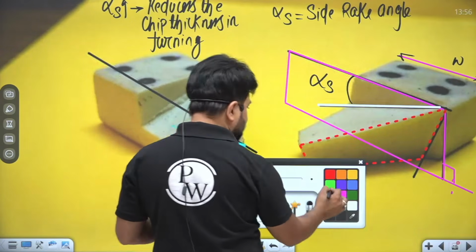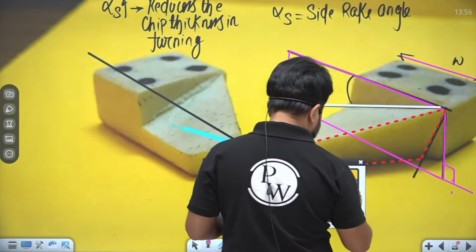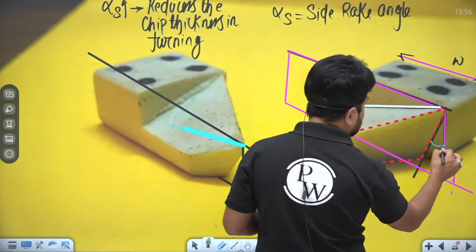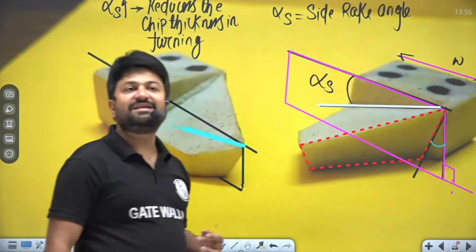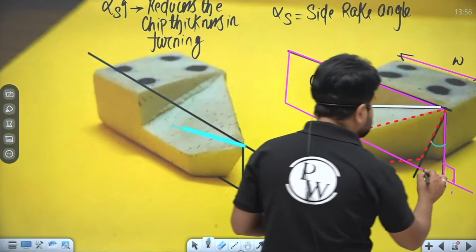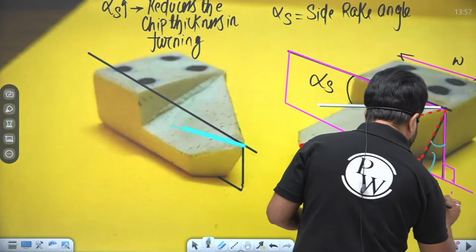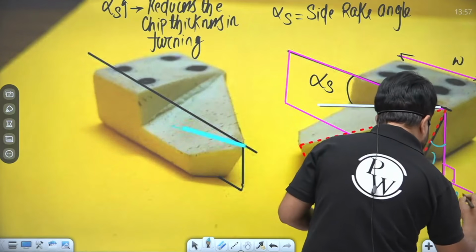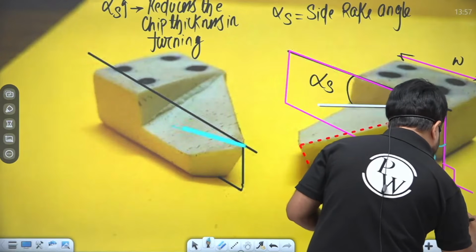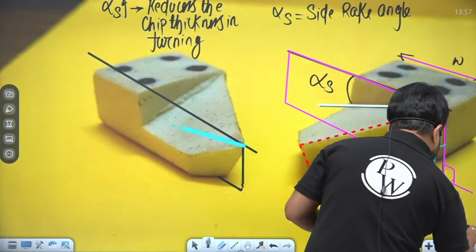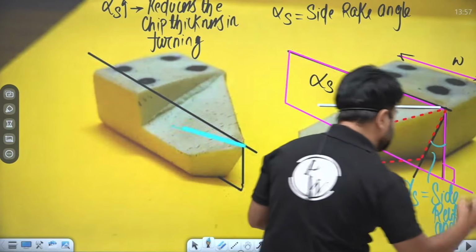The inclination of the side flank from this vertical line in this plane is known as the side relief angle. Side relief angle.